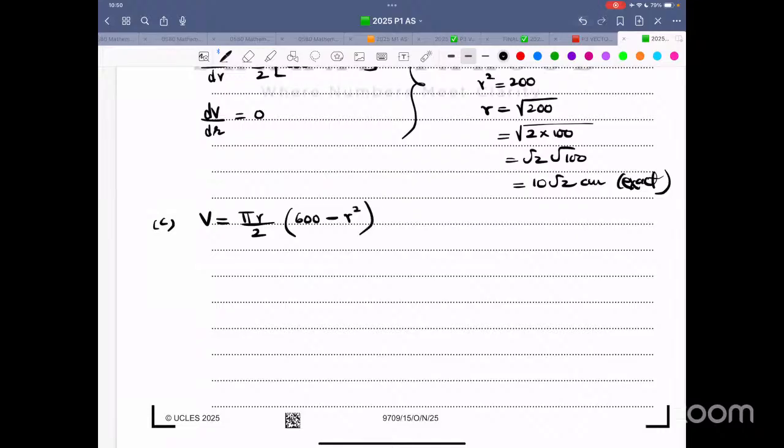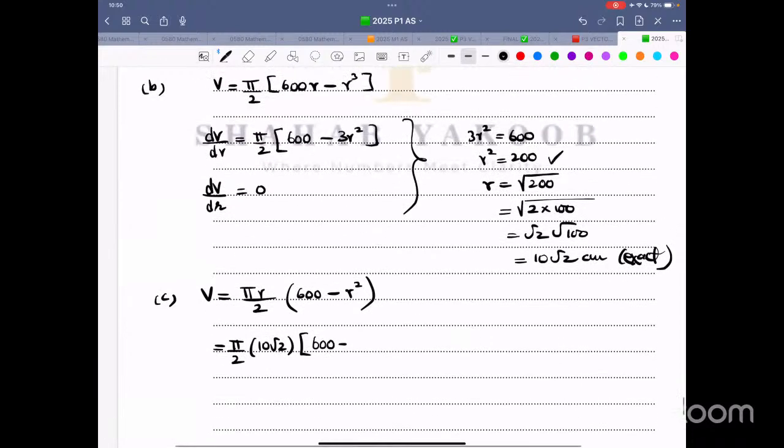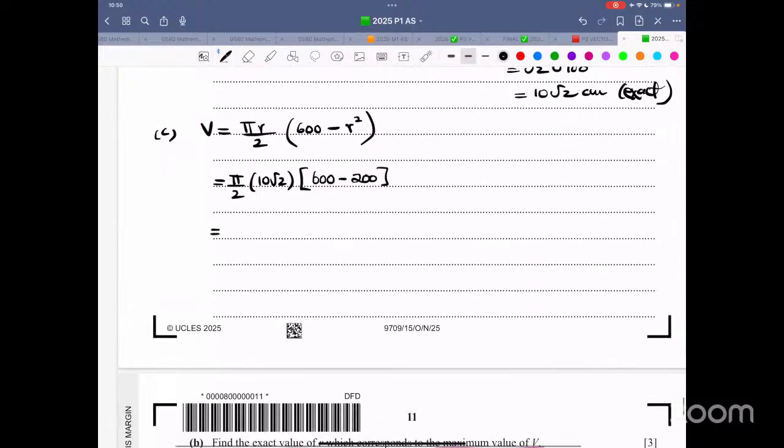So first of all, pi as it is, 2 as it is, r is 10 root 2, and this is 600 minus r square. r square is 200. Got it? So that is pi over 2 into 10 root 2, and this is 400.